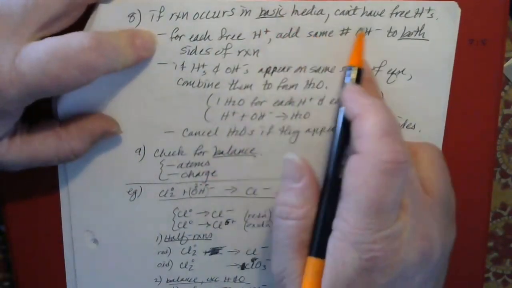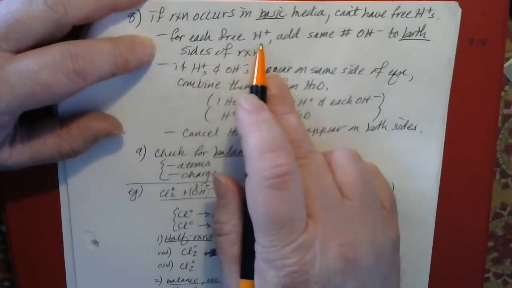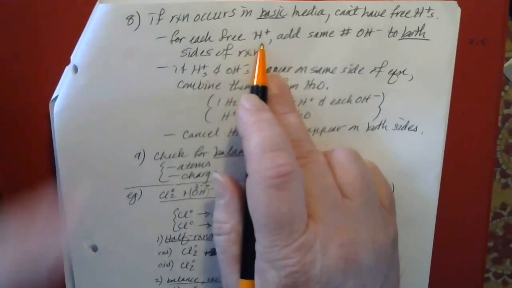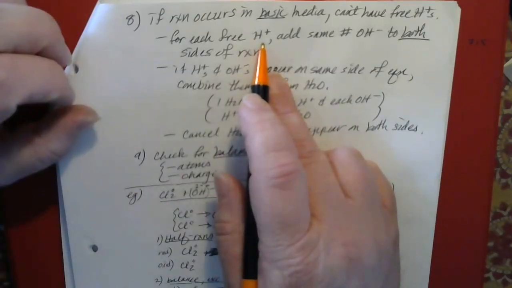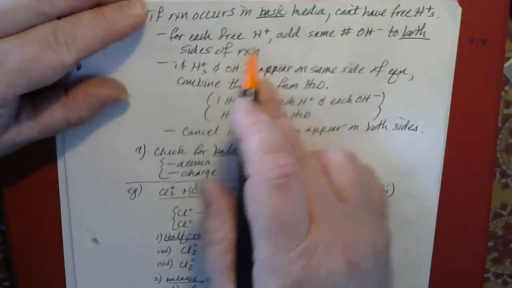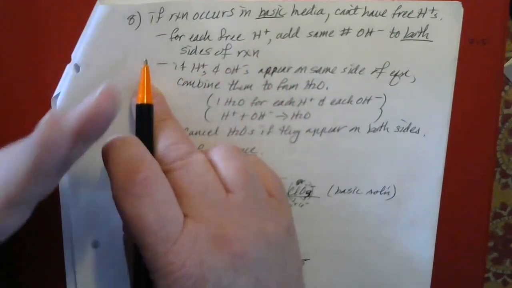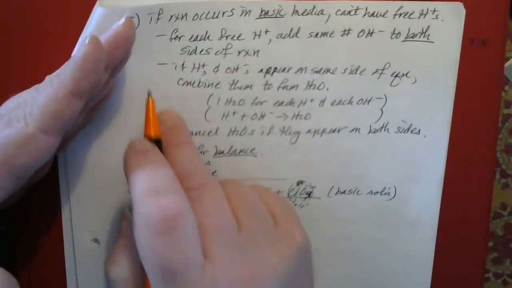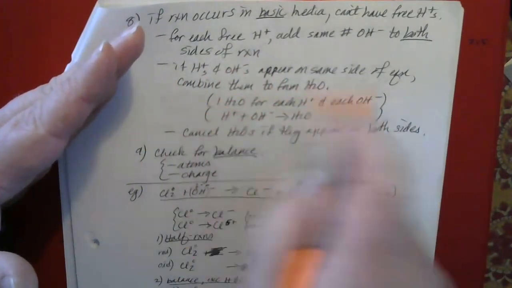So what you'd have to do is, for each free H plus on either side of the reaction, you have to add that number of OH minuses to both sides of the reaction. So if you have 3 free H pluses on the left-hand side of the reaction and it's in a basic environment, you're going to have to add 3 OH minuses to that side and the other side also, so that the atoms will still balance.